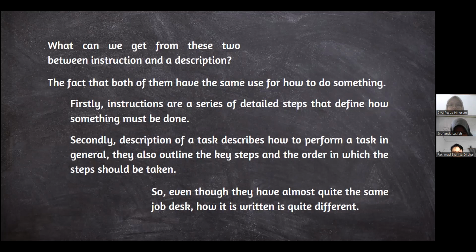They also outline the key steps and the order in which the steps should be taken. So even though they have almost the same job, how they are written is quite different. I think that's all for me. I will give it back to the moderator. Thank you.